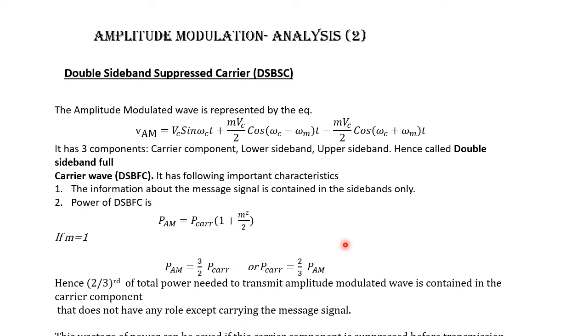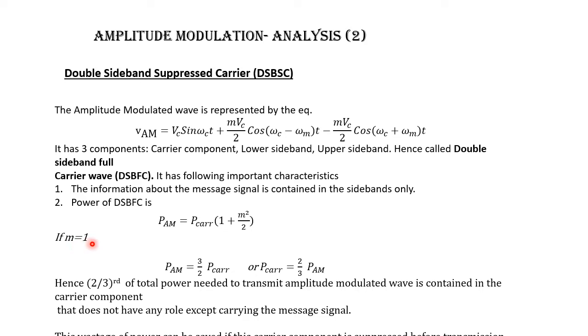As we have already discussed in the earlier video, the power of the amplitude modulated wave in double sideband full carrier is given by the equation PAM is equal to P carrier into (1 plus m square by 2), where PAM is the power of the amplitude modulated wave in which carrier and both the sidebands are present, P carrier is the power needed by the carrier wave for its propagation, and m is the index of modulation.